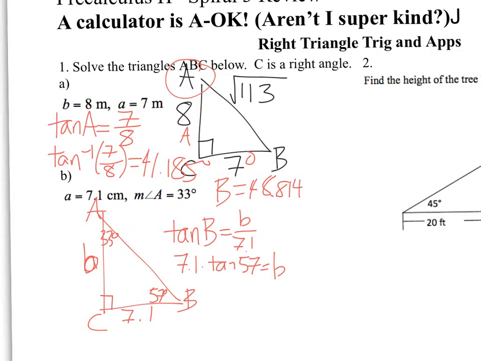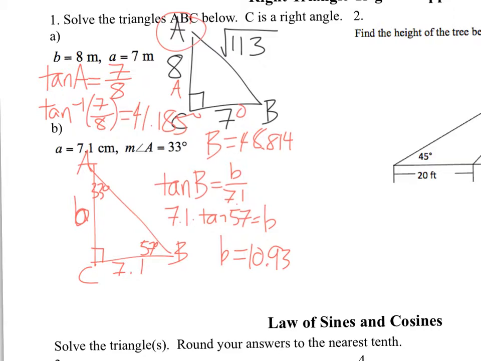And when I do the calculation, we get B is equal to 10.93. I could Pythagorize again if I wanted to, and in doing that I'm looking at 10.93 squared plus 7.1 squared, and whatever I get I take the square root of, and that's going to be really close to 13.